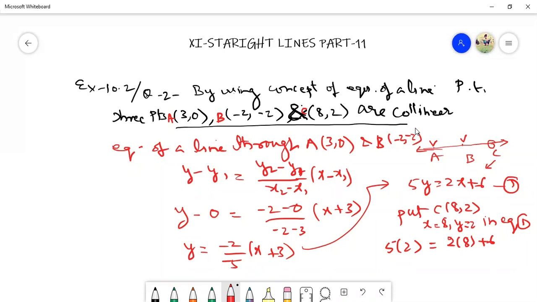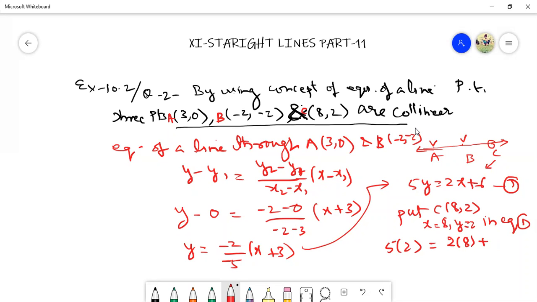Just let me check one thing. x2 minus x1: what is x2? -2. Minus x1, which is 3, so -2 minus 3 is correct, -5. This is correct. Then y2, what is y2? -2 minus 0 is correct.